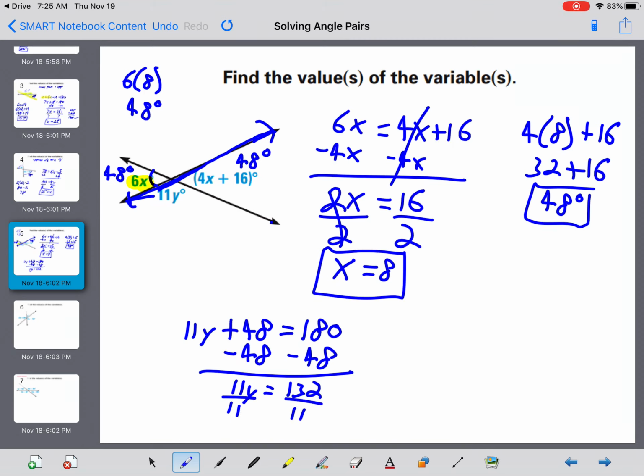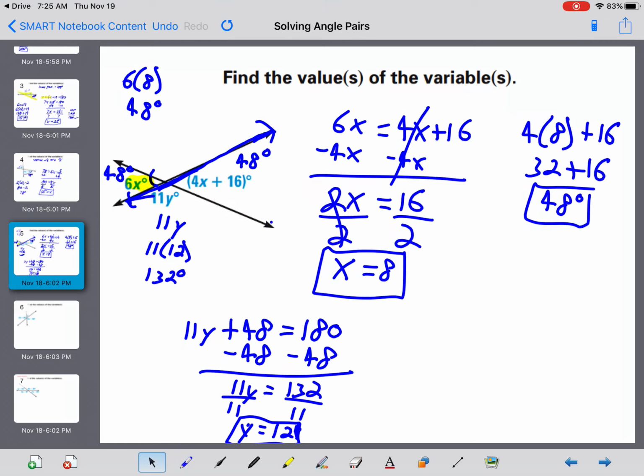If we divide both sides by 11, we get y equals, and 132 divided by 11 is 12. So y equals 12. In order to solve for 11y, we need to do 11 times 12. And 11 times 12 is 132 degrees.